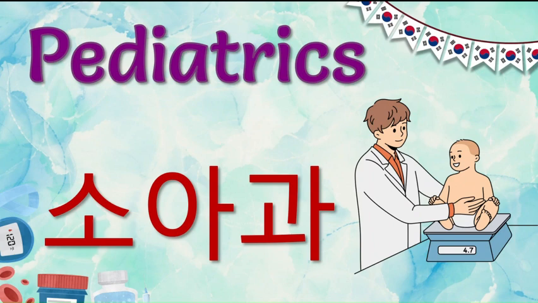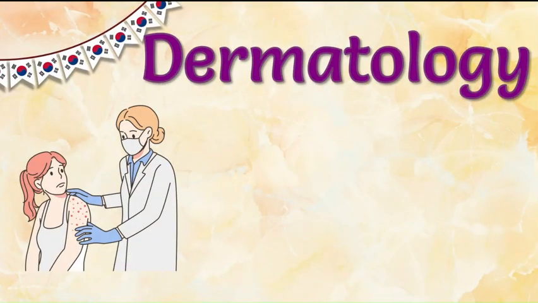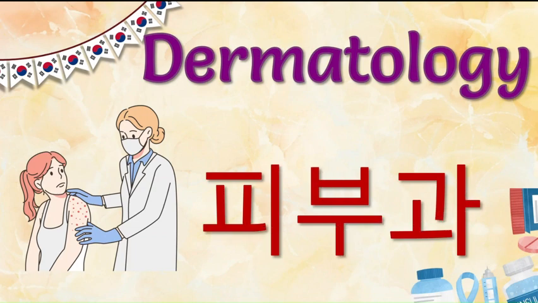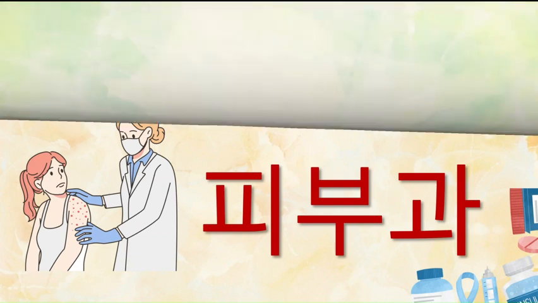Now comes the next branch of medicine, and that is dermatology. And dermatology deals with skin or hair or nail disorders, right? You look for a dermatologist if you have any skin disease. Okay, so in Korean it is 피부과, 피부과. Now let's move ahead.